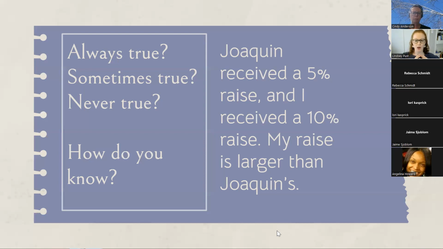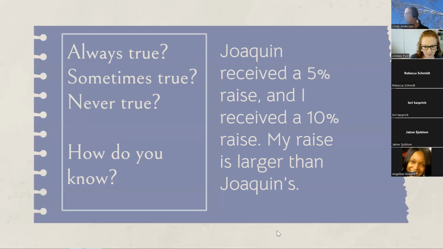However, what we want to see is whether students are able to say, well, no, actually that's sometimes true. Like 5% of what? 10% of what? This is a way of looking at the structure and the details of 5% of a number. What does that mean? 5% of 100 is $5, 5% of 200 is $10, 5% of 300 is $15, etc. And then 10%.